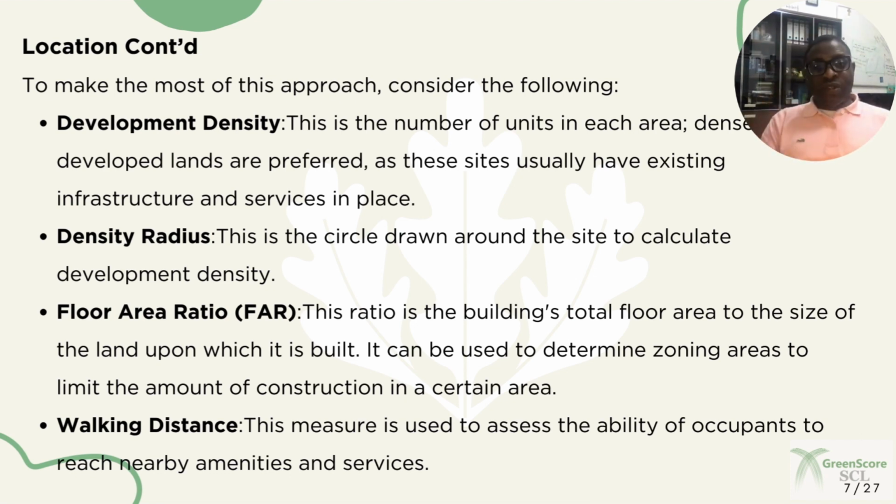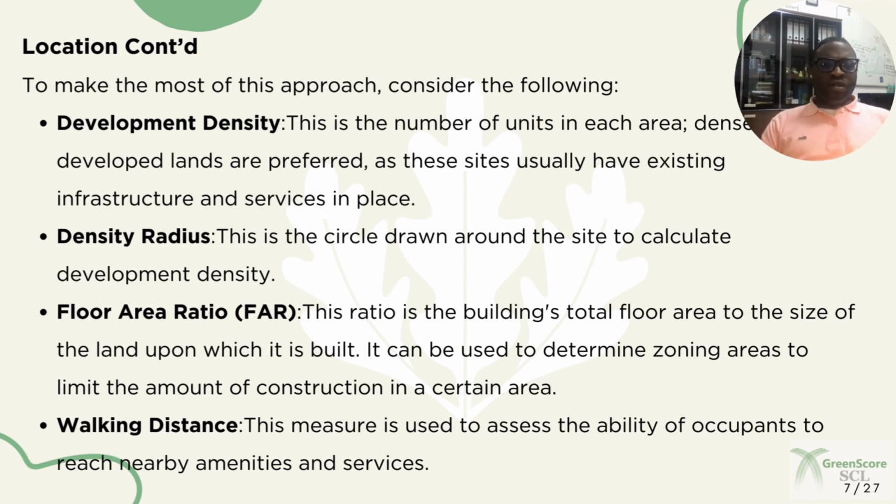So that's development density, talking about how many units of buildings you have per acre, per plot, and the likes. Density radius talks about the circle drawn around the site to calculate the development density, that is, the extent of the scope of assessment.